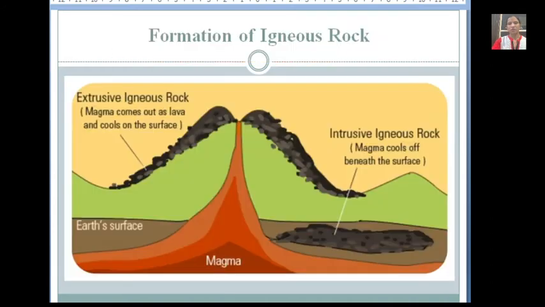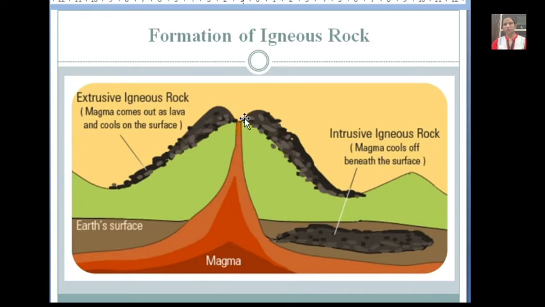This is the formation of igneous rocks, how the magma, hot liquid material. Here it is important to know that when the liquid and hot material is inside the earth, it is called magma, and when it comes out from the interior, it becomes lava and becomes solid.